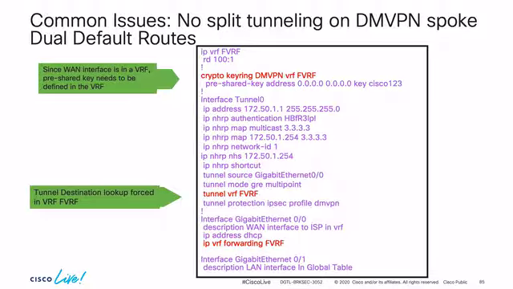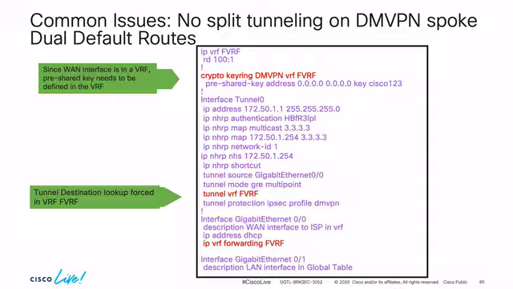Okay, so the way you ensure that this actually happens is that under the tunnel interface, you add a command called tunnel vrf FVRF. FVRF is the VRF name that we are using in this particular example.